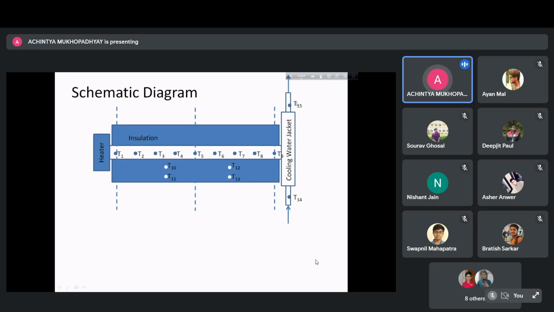If we know the mass flow rate of the cooling water and its temperature rise, then we can find out how much heat is lost from the fin tip. Okay, so these are the 15 temperatures that we measure.